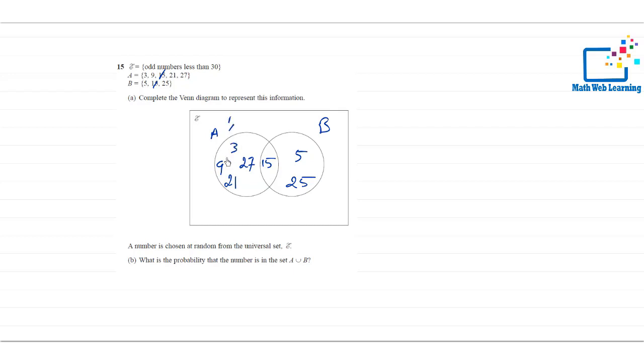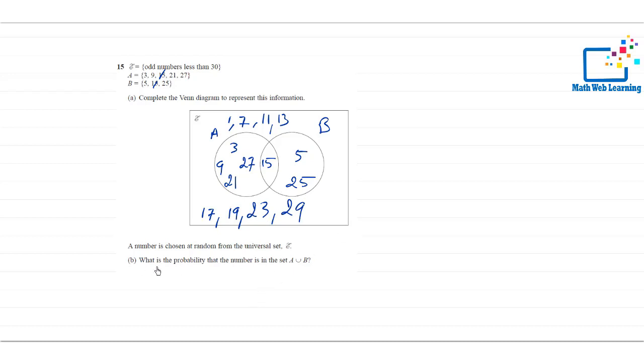So it's going to be 1, 3 is already there, 5 is already there, 7, 9 is there, 11, 13, just check if they are here, that's all. 13, 15 is there, 17, I'll put it down here, 19, 21 is there, 23, 25 is that one, 27 is that one, 29, and you're done.